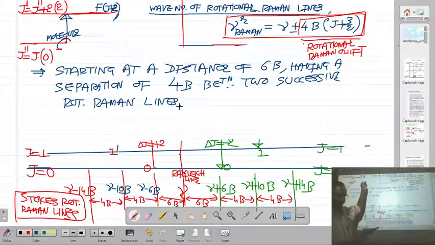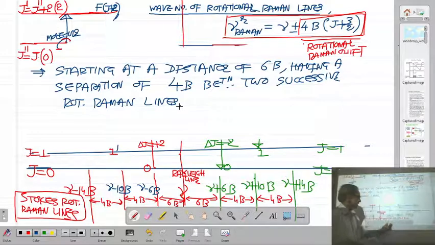So I mentioned that starting at a distance of 6b, the rotational lines have a constant separation of 4b between successive rotational lines, and this separation 4b is double.